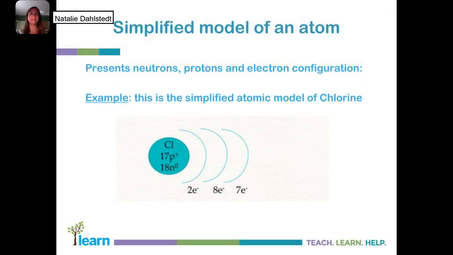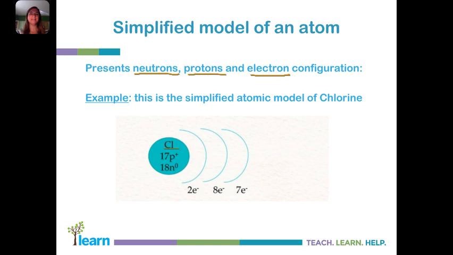Now that we know that an atom has three subatomic particles, the neutrons and the protons that are found in the nucleus, and the electrons that are orbiting around the nucleus, we can represent an atom with the simplified model, where we would first draw a circle that would include the symbol, such as chlorine, and include the number of protons and neutrons.